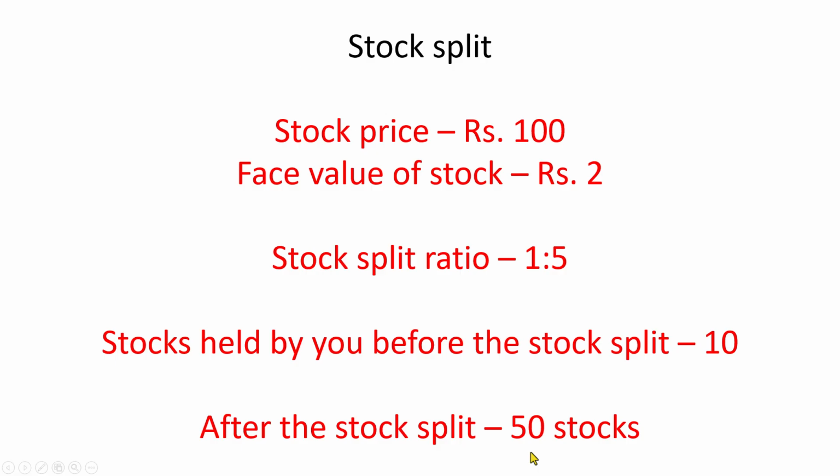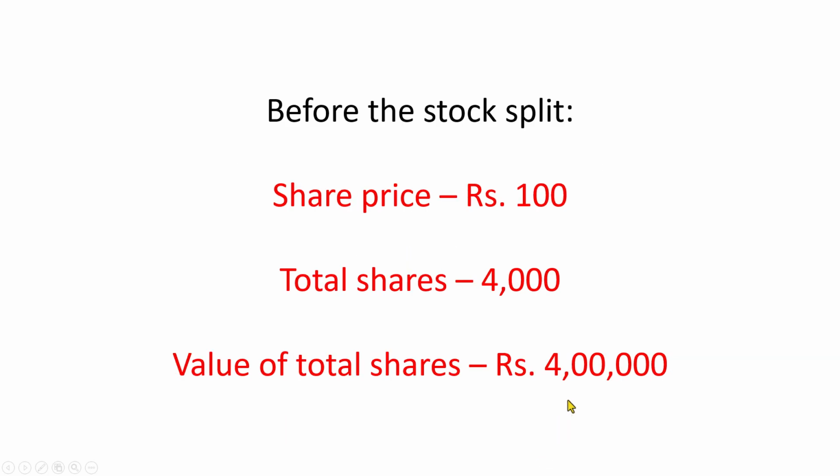Now, what is the impact of a stock split? Before the stock split, the price at which the stock was being traded is 100 rupees. And total number of shares in the market is 4,000.